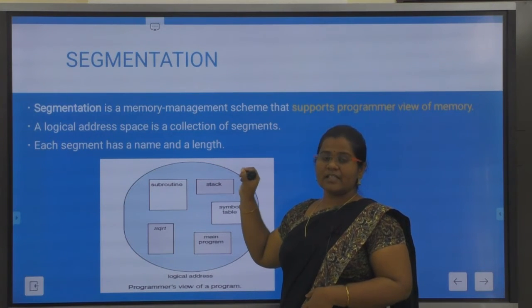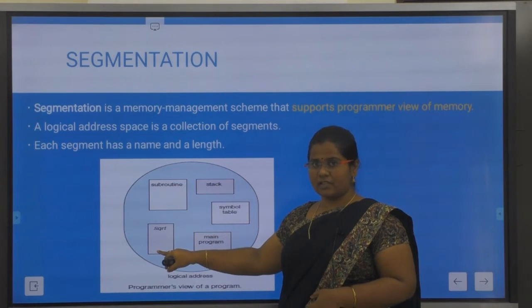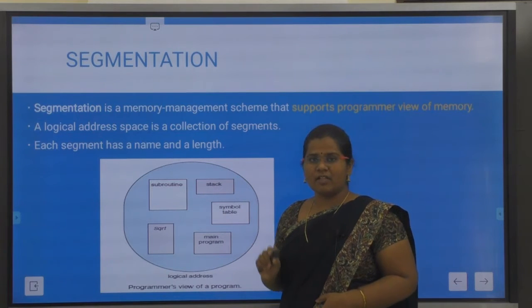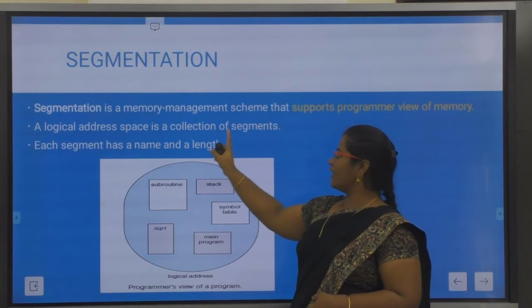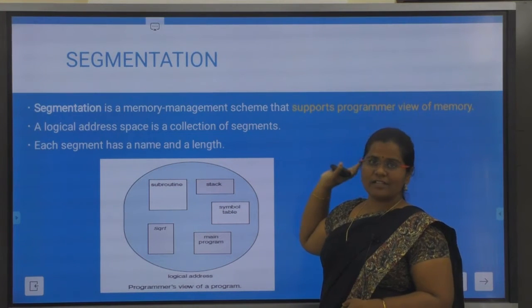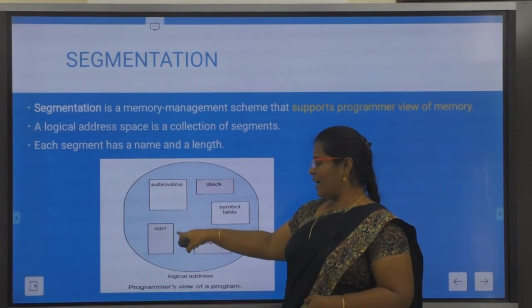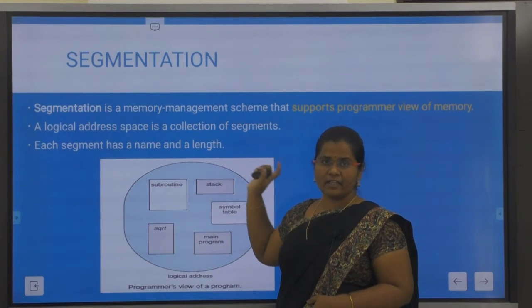The CPU cannot generate the direct physical address for this sqrt function; it will only generate logical addresses. That logical address space will contain the collection of segments. Each segment will have a name, followed by the total length or the number of bytes occupied by that segment.